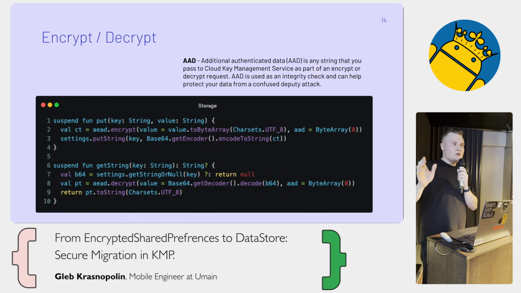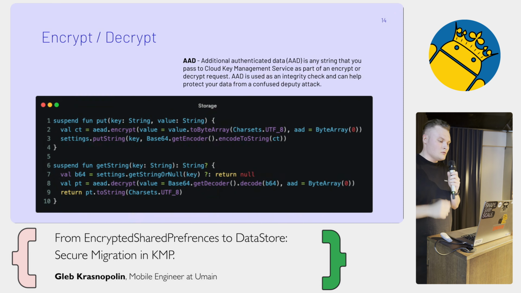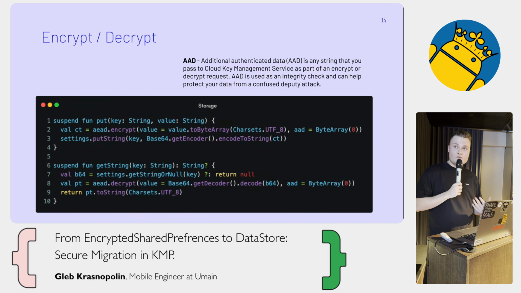This is something that is used in the encryption algorithms to prevent something called confused deputy attack. For example, it can be a user ID, so another user having access to master key wouldn't be able to decrypt the data of another user because they will not have AAD. So it's another layer on top, which is used to encrypt data more efficiently.